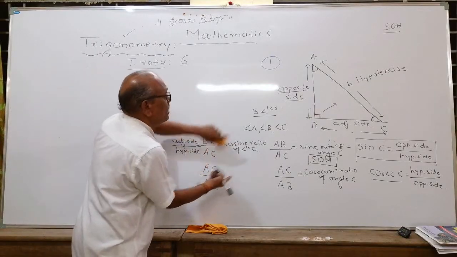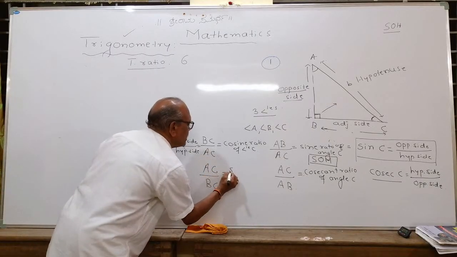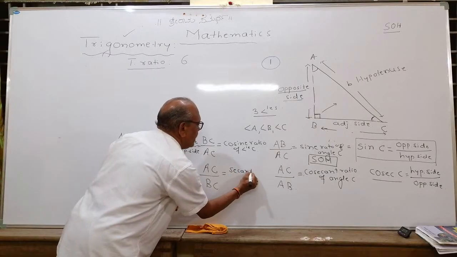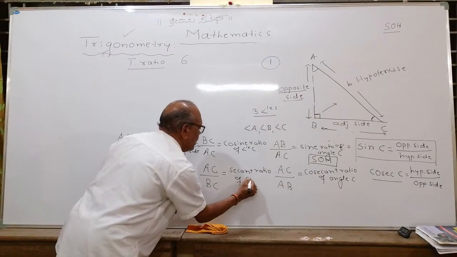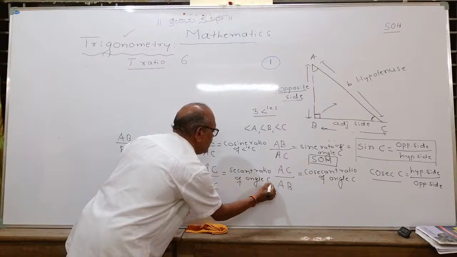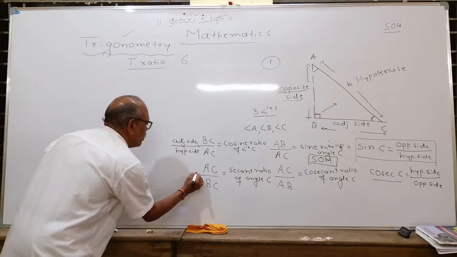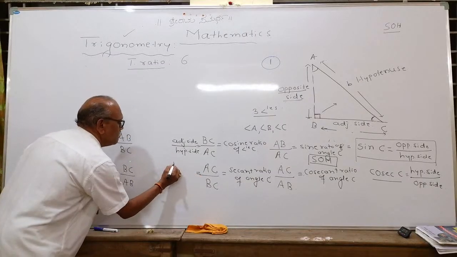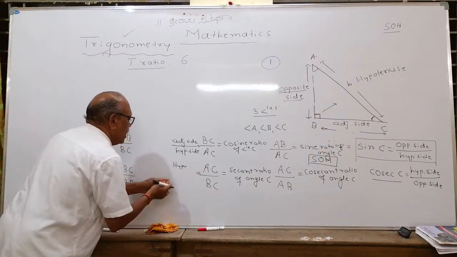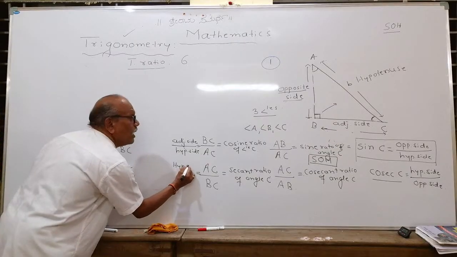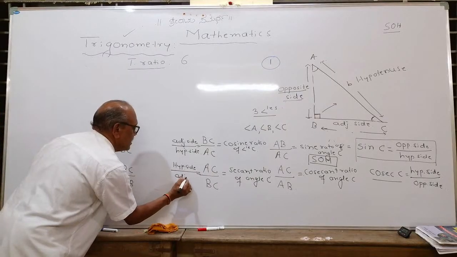Then its reciprocal is AC upon BC, and this is called the second ratio of angle C. Carefully note down. AC is the reciprocal, that is, hypotenuse side divided by adjacent side.